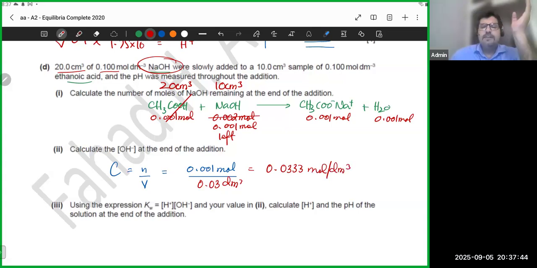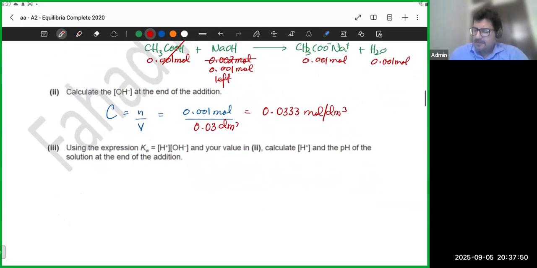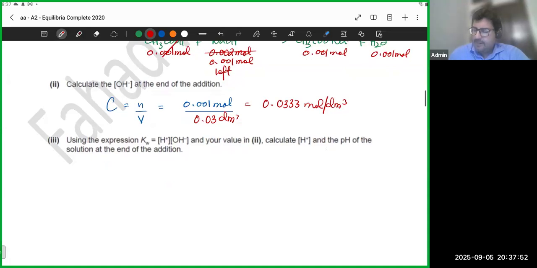Okay, so this part wasn't really a buffer solution question. It was more about just calculating the OH ion concentration. And in the next part, since we calculated the OH ion concentration, he's now asking us to calculate the H plus concentration using this expression.